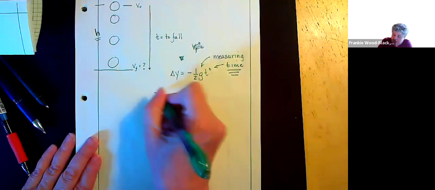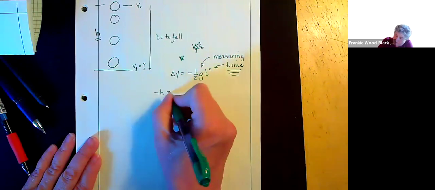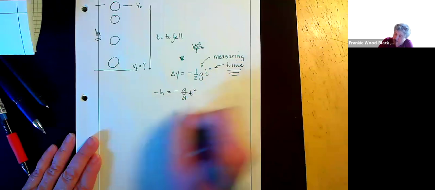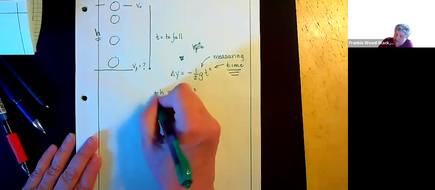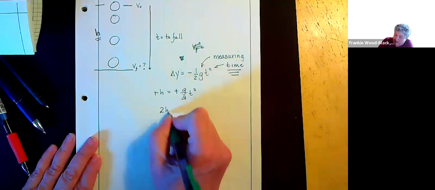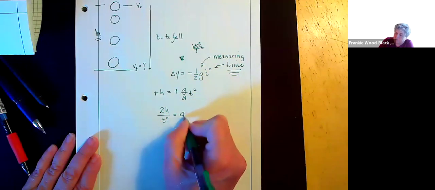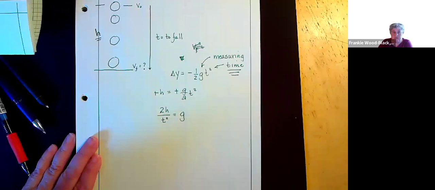So now I've got minus H is equal to minus G over 2 times time squared. So that cancels out. I get 2H divided by T squared is equal to my acceleration due to gravity. Let's double check to make sure my units make sense.